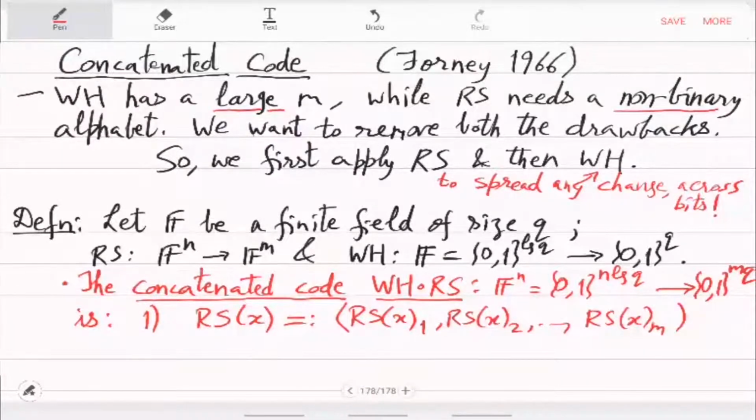Basically, on a string x, which is an n tuple of field elements, it will stretch to m field elements. So, this is in f to the m. And in the second step, it will apply Walsh-Hadamard on each of these field elements.